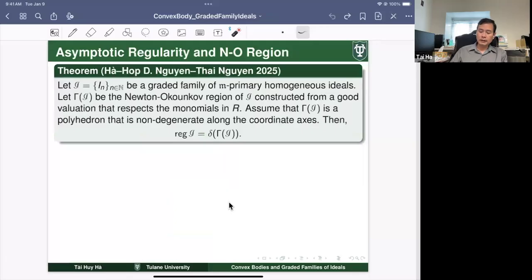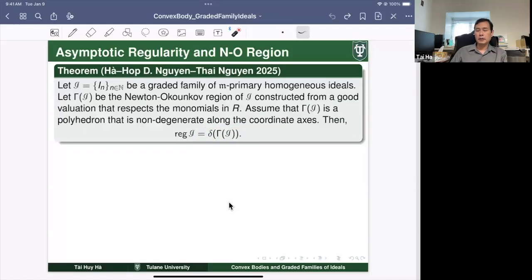And what we prove is that if we start with a family of m-primary homogeneous ideals whose Newton-Okounkov region was constructed from good valuations, and again, we always assume that the good valuation respects the monomials, and particularly we focus on the Gröbner valuations, and we assume that this is a polyhedron that is non-degenerate along the coordinate axis, to satisfy the condition that we have seen before, then the asymptotic regularity exists, and it's the same as delta of the Newton-Okounkov body.